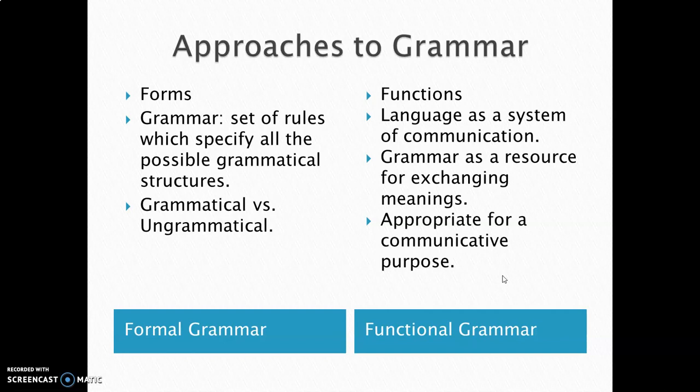These extra-linguistic elements are not taken into account within the formal perspective. As I said before, functional grammar is closely related to meaning.